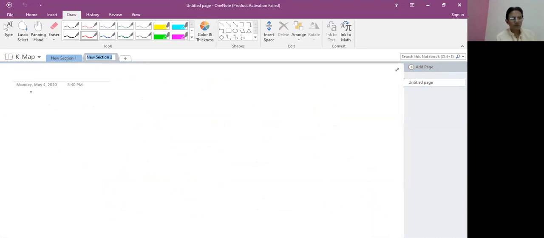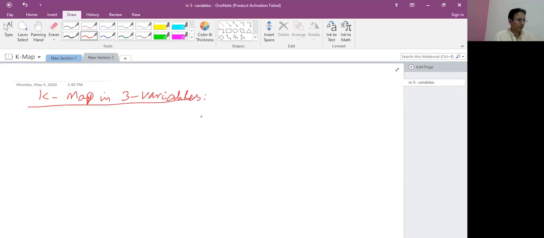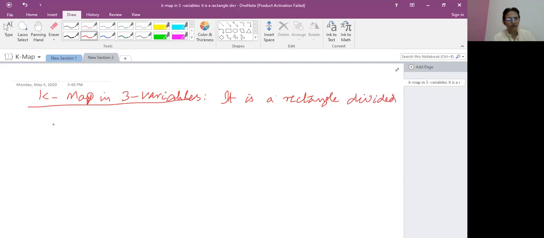K-map in 3 variables. It means it is a rectangle divided into eight squares.